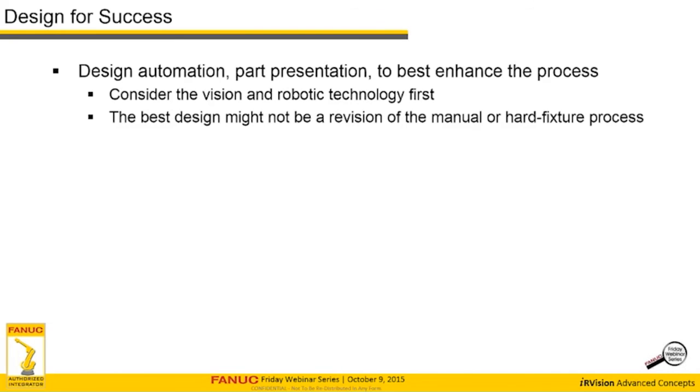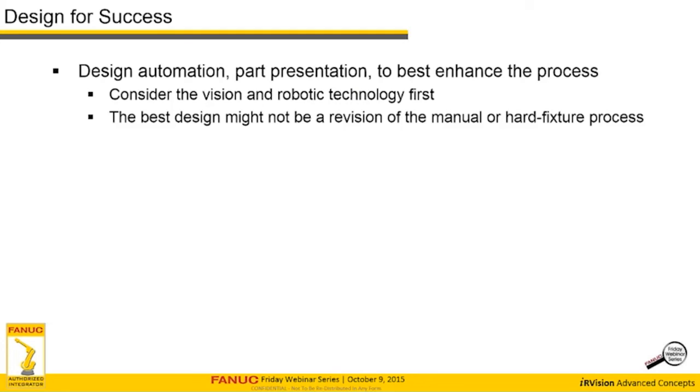First of all, design your automation, your part presentation, to best enhance the process. Very often I see people go into the design phase of an assembly application or even other applications trying to revise a manual or a hard fixturing process to accommodate robotic guidance with machine vision.